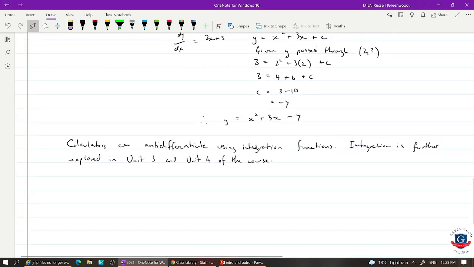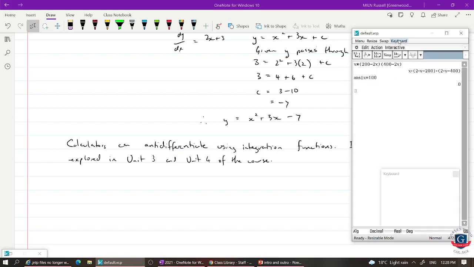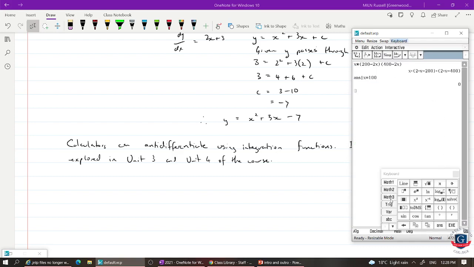Now calculators can do this process for us very nicely, so let me bring it up. It's going to do it using integration, which is a process from next year, but it will give you the antiderivative, which is what we're going to use it for. So to do so, find your Maths 2 template. And this is what we're going to use to find our antiderivative, this button over here.